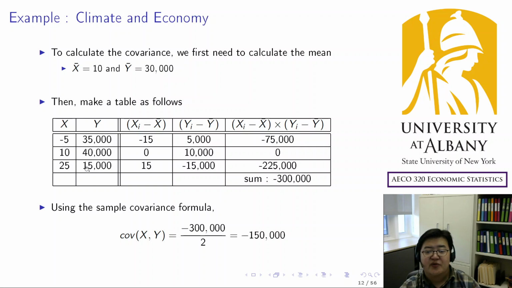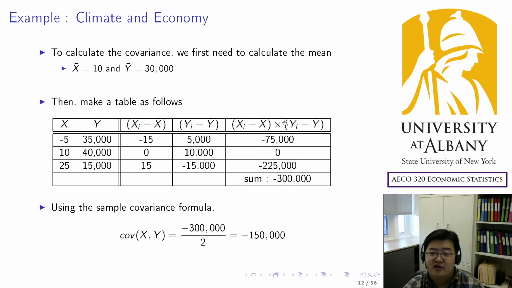But Mexico's GDP per capita is 15,000, which is 15,000 below the mean, so negative $15,000. So the deviation in the GDP per capita is calculated like this. It's another transformation, from y. Y is transformed into its own deviation. We did this deviation transformation in chapter 4. We are just doing the same thing for a pair of variables.